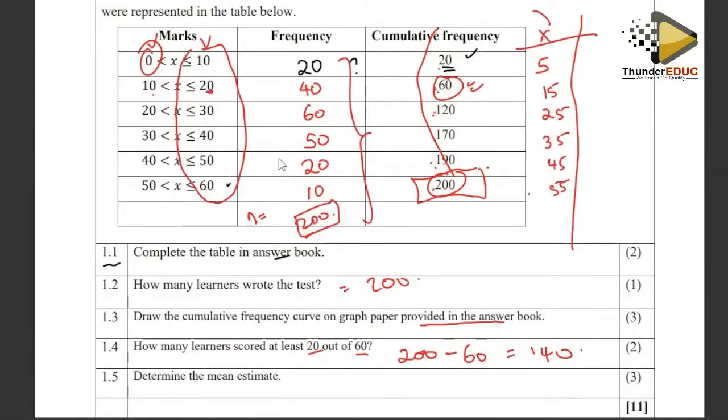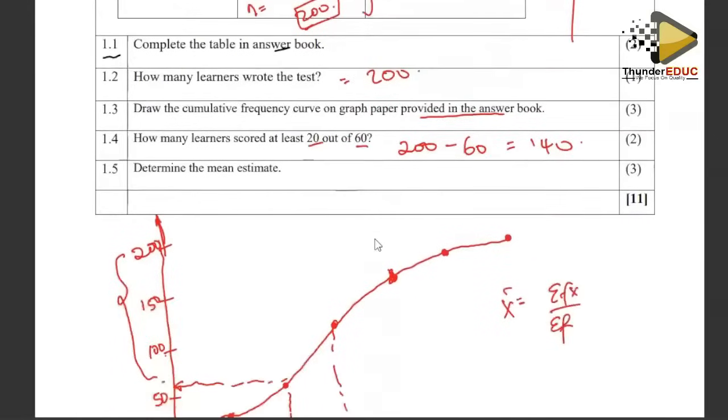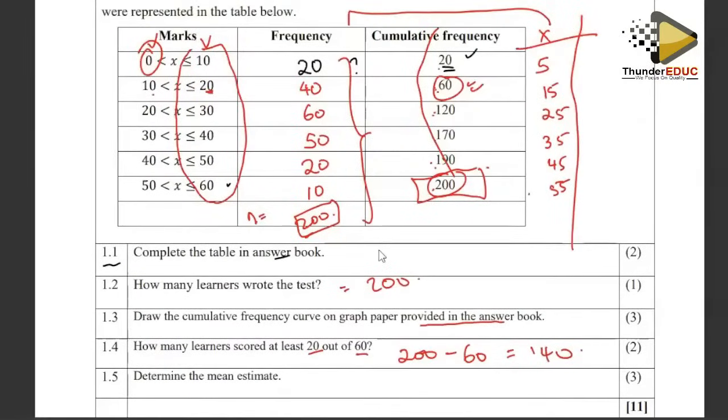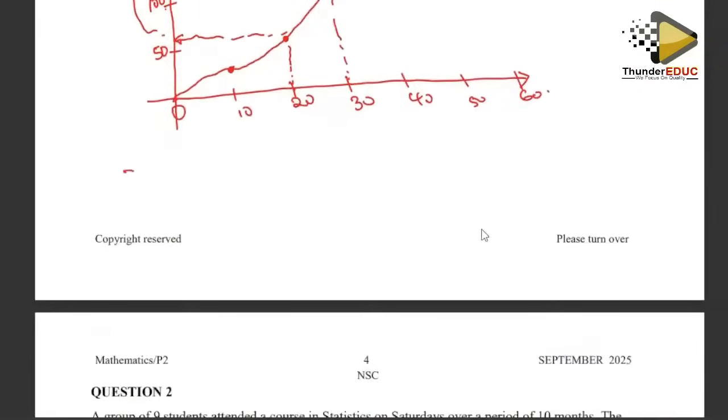Then this is multiplied by the frequency, okay? Because we know that the estimated mean will be given as the summation of fx over the summation of f, whereby we know that our f is already 200. So the fx is what we need to add up. If I get those midpoints together with the frequencies, remember the first one is 5 multiplied by 20.